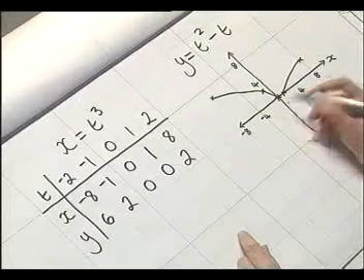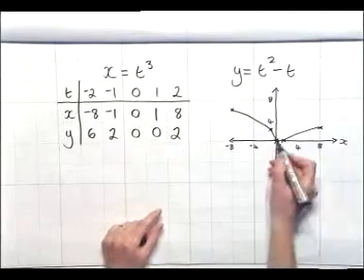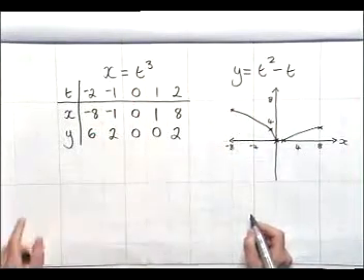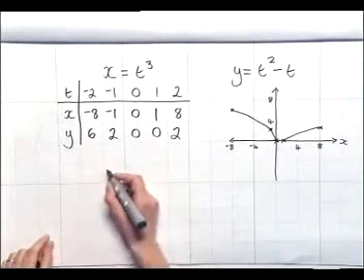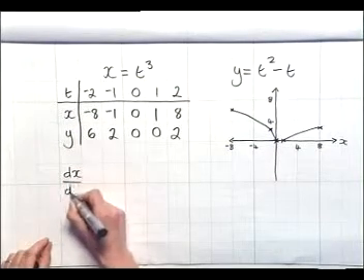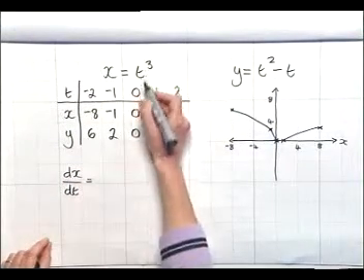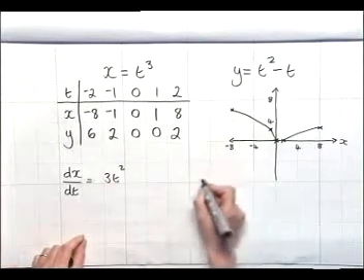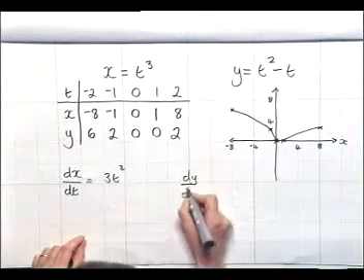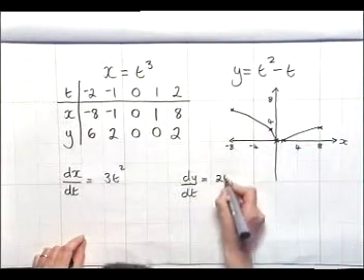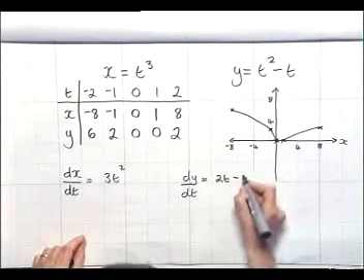It does look as if there is a turning point, but let's investigate a bit further and actually differentiate these parametric equations. So as before, dx by dt, the derivative of t cubed is 3t squared. And if we look at dy by dt, the derivative of t squared minus t is 2t minus 1.